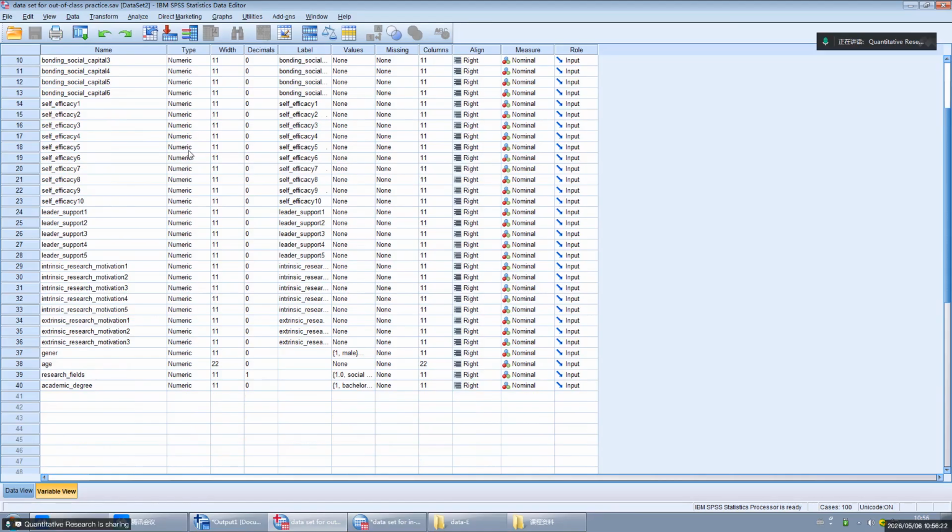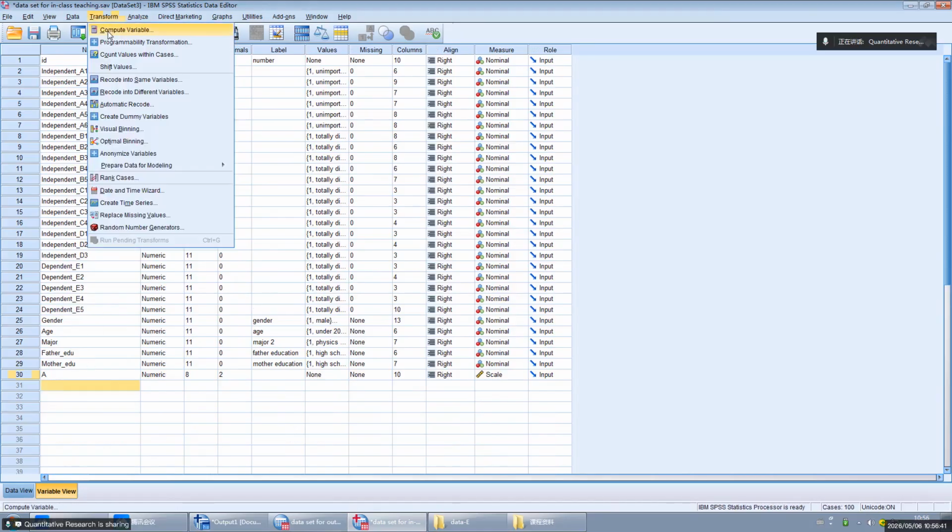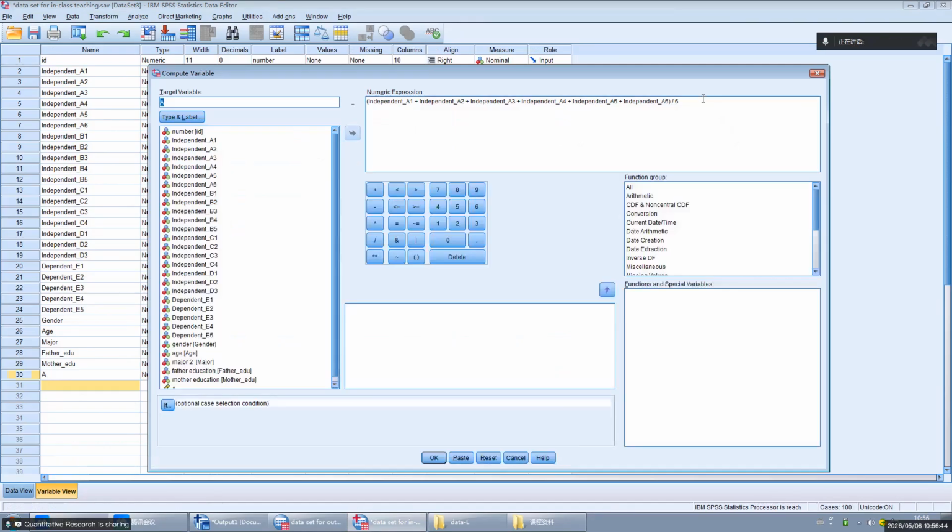So I will give you one more example. For example, now I want to compute the mean score for B. So I sum them up.